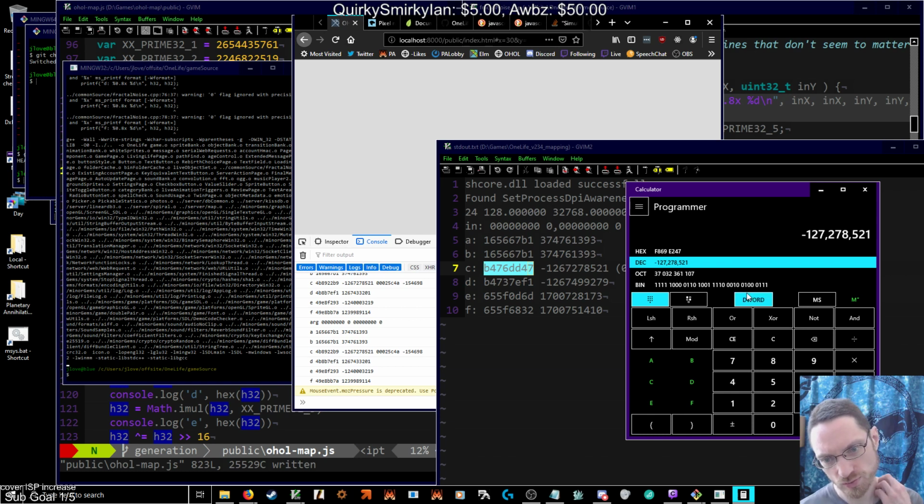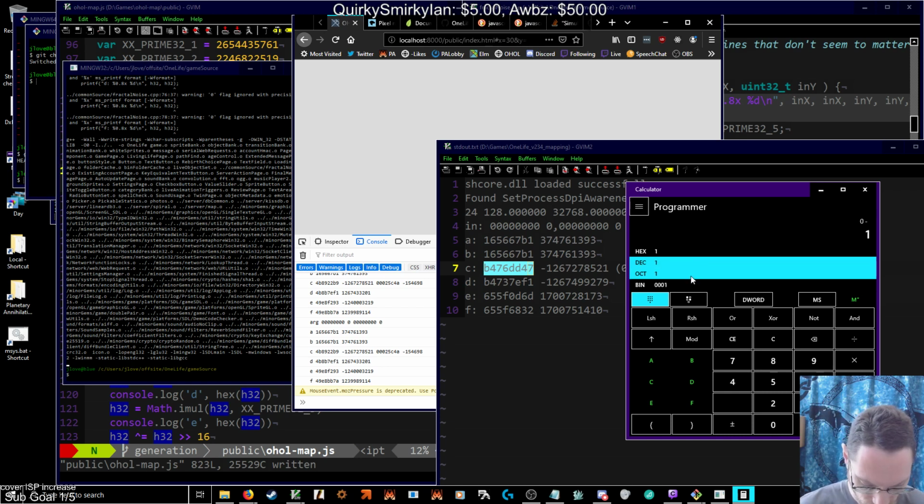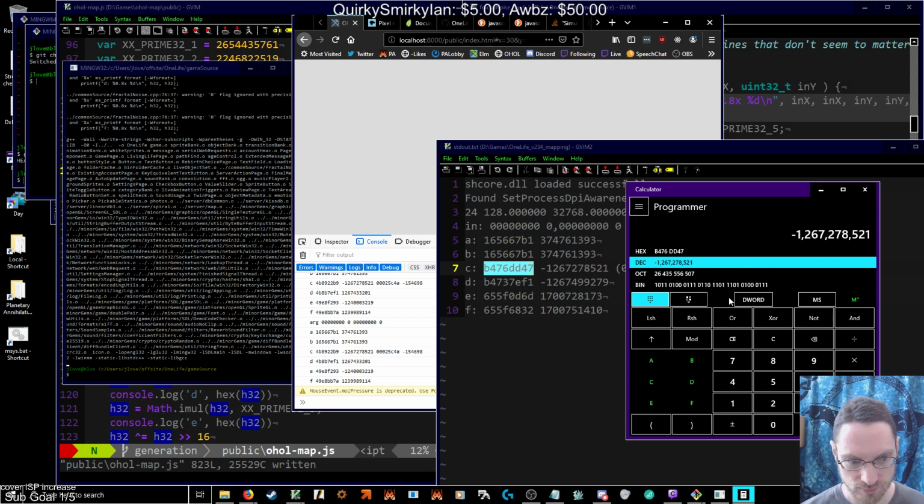Interesting enough, the quad word did 1, 2, wait. Negative 1, 2, 6, 7, 2, 7, 8, 5, 2, 1. Okay, so there's your B4. I think this is it without the sign bit. Oh, so I have to do the inversion. Oh no, if it was just adding a bit, then the rest of this would be there.